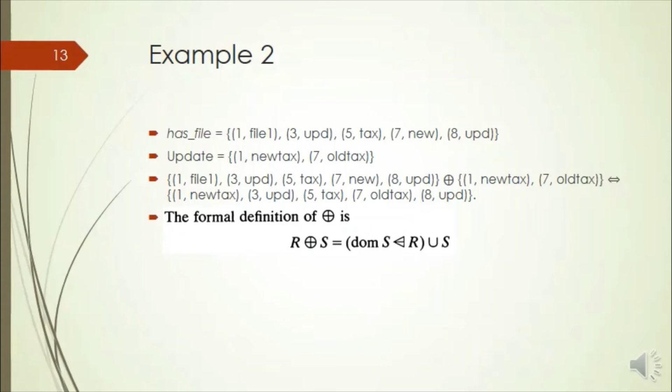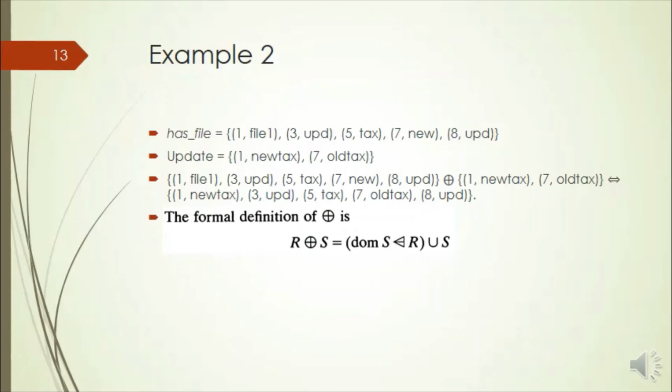Now there is updation in this relation, and we have another relation variable update containing 2 ordered pairs. User 1 now has file new text and user 7 has file old text.